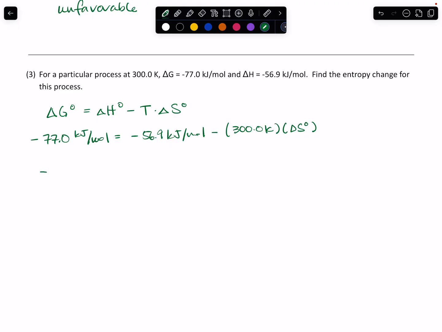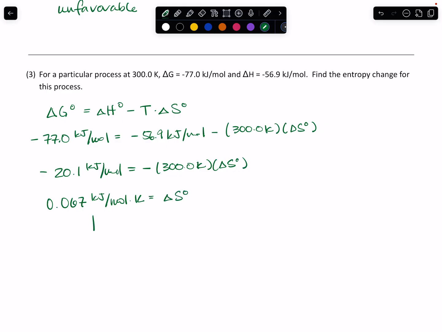So we're going to have negative 20.1 kilojoules per mole, and that's going to be equal to negative 300 K times delta S. So we're going to divide by negative 300, and we get 0.067, and our units here are going to be kilojoules per mole Kelvin.